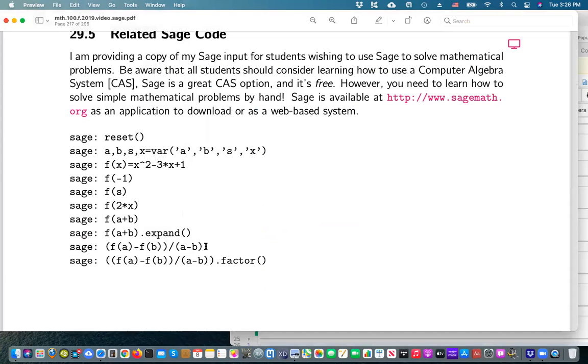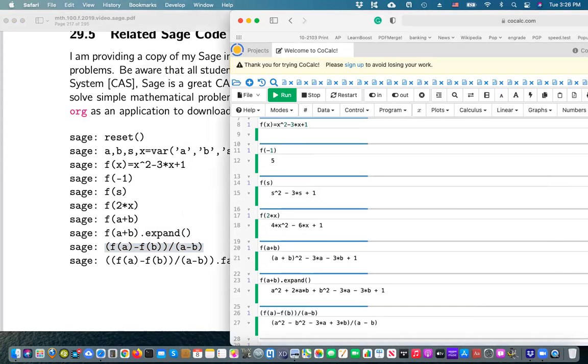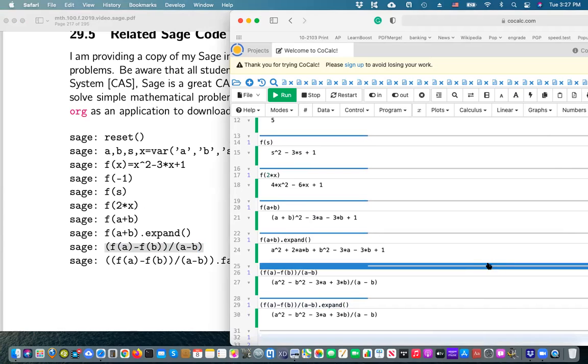I'm getting a little tired, so I'm gonna type this in. It's something we've done in class, by the way. Shift return. It didn't do much. So what I'm gonna do is that again, I'm gonna expand it, see what happens. Still didn't do it. So I'm gonna look at what they said.